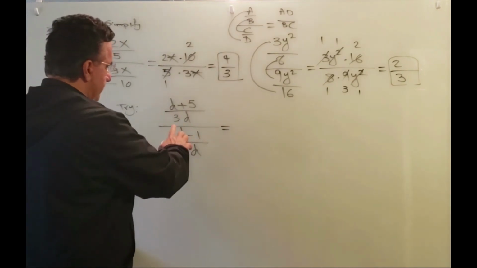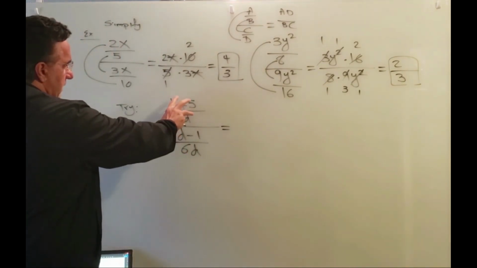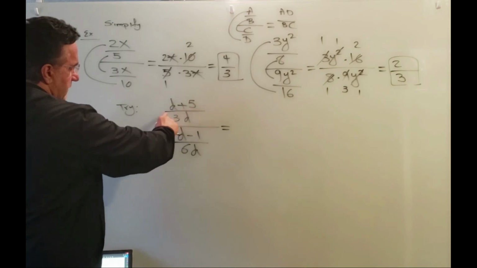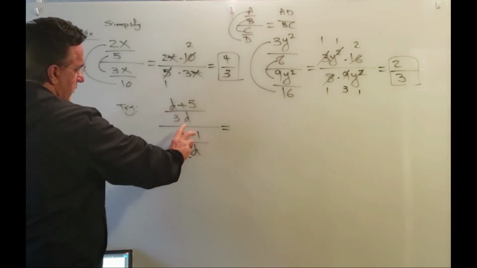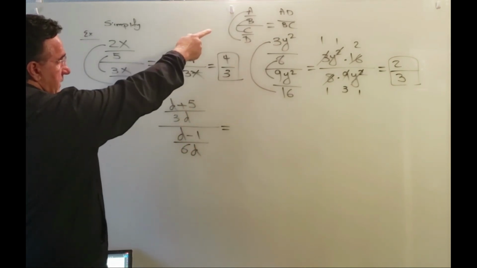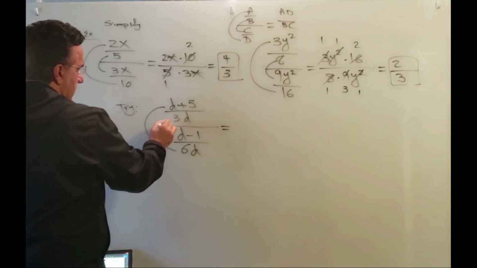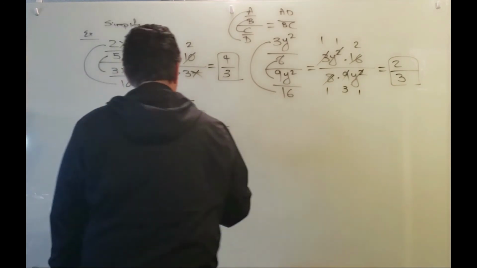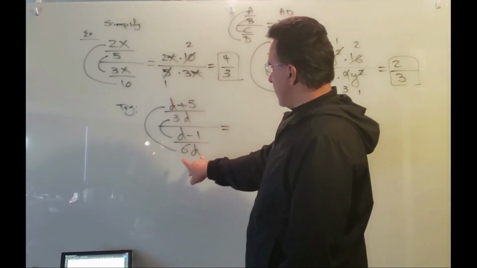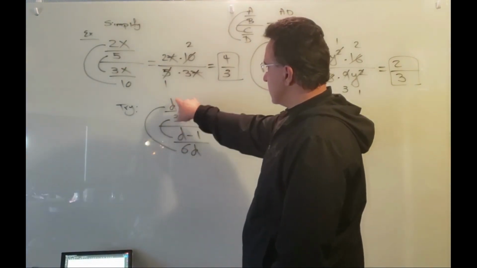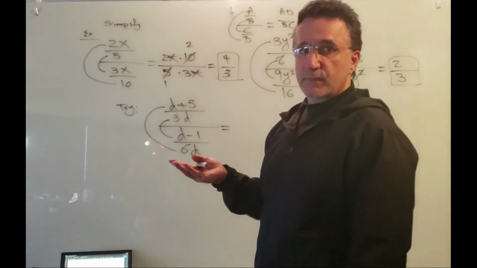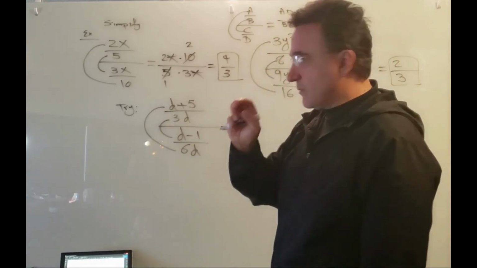Okay, so notice we do have just one fraction. Look at how many fraction lines we have over just one fraction, so we can apply our shortcut. So it's going to be this far product over the near product. Now I can put d plus 5 times 6d, or I could put 6d times d plus 5. It makes no difference because multiplication is commutative.